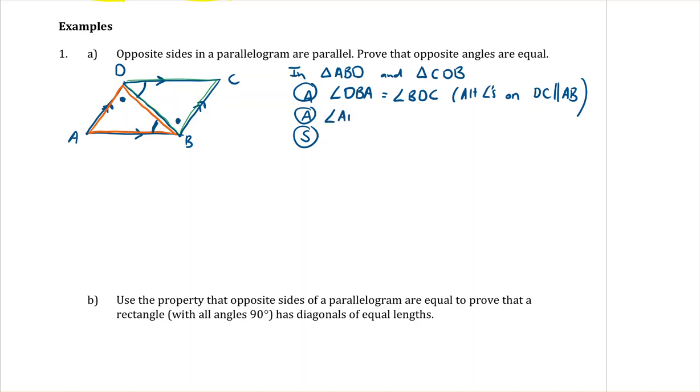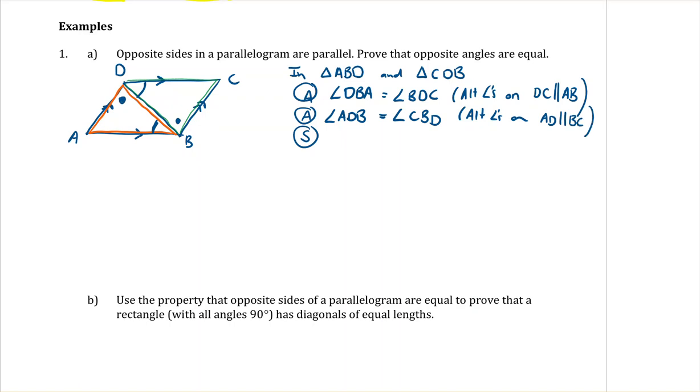Angle ADB, so that's the first one in the orange triangle, is equal to, match the vertices, CBD, because they are alternate angles on, now that's using the CB and DA parallel lines. So that's AD parallel to BC.